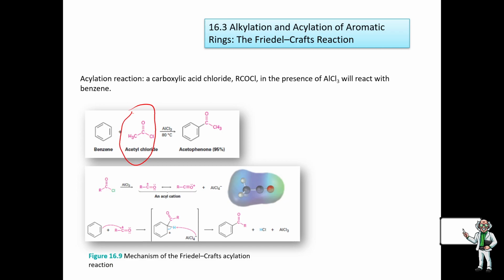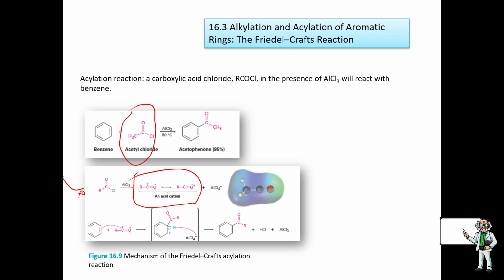And the mechanism is the same. First, the acyl chloride reacts with aluminum trichloride, as you can see here. We need to activate the acyl chloride, and what we generate is this acyl cation, which, as you can see, is stabilized by resonance, and the aluminum tetrachloride anion.